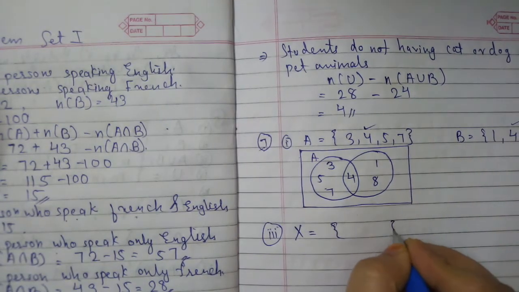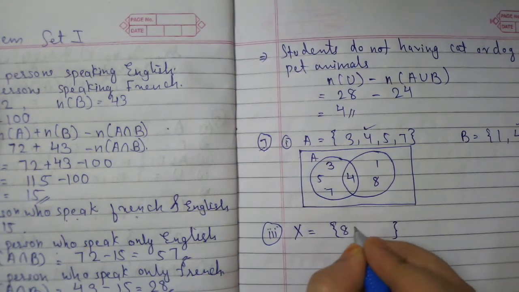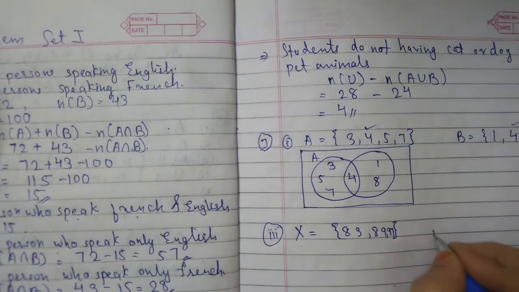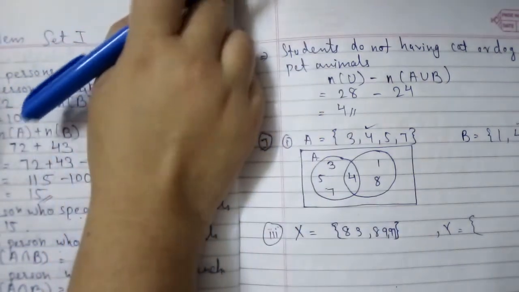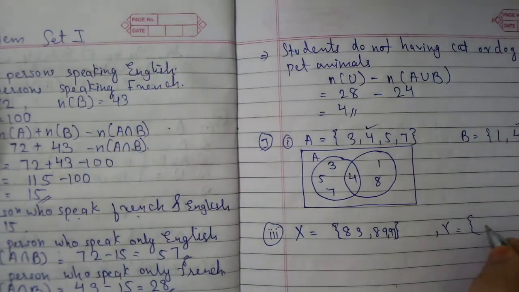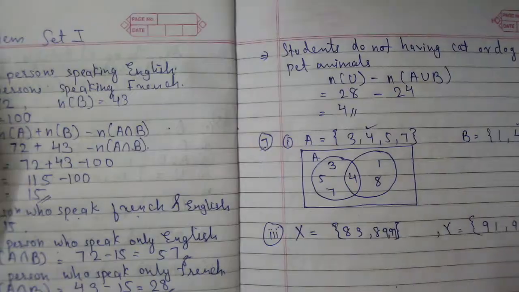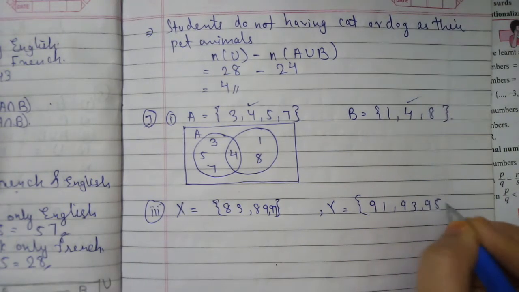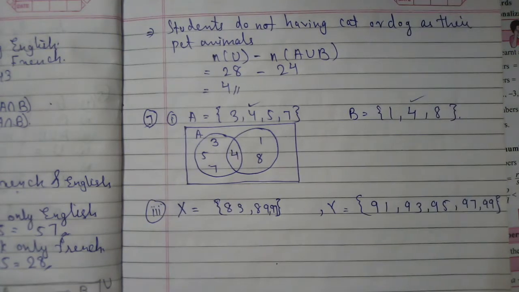Between 80 and 100 there are only 3 prime numbers, that is 83, 89 and 97. And for Y, we have y is an odd number between 90 and 100. So the odd numbers between 90 and 100 are 91, 93, 95, 97 and 99.